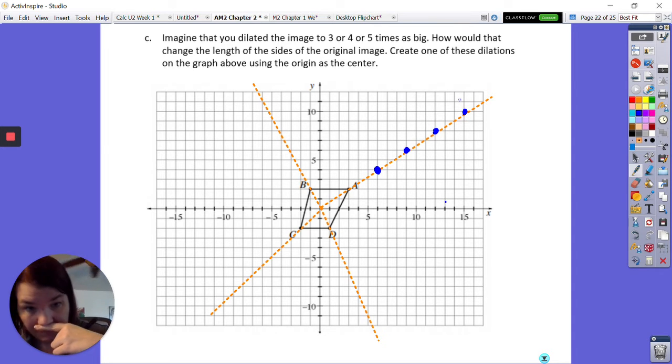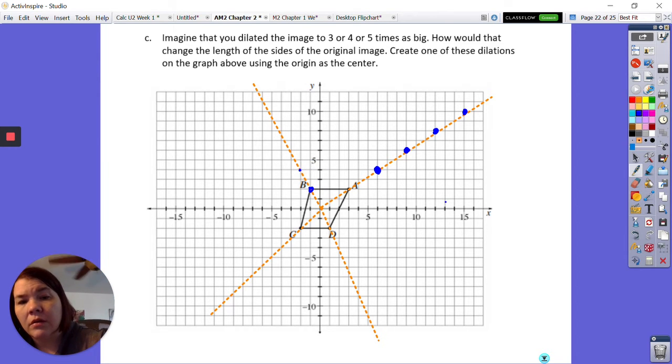Okay. And then the same thing with B. 1, 2, 3, 4, 5. I might actually do them all here. This is supposed to be going directly through. Okay. And I really did a bad job with these lines.